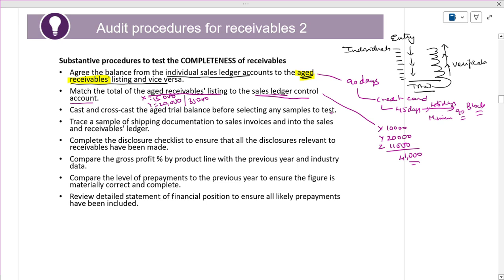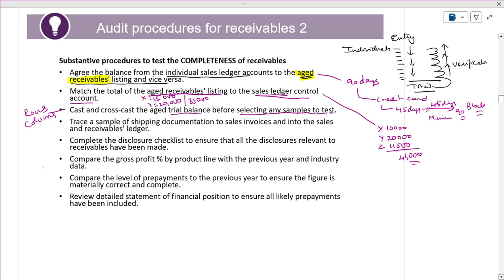Individual balances: cast and cross-cast the trial balance before selecting any samples to test. First get 100%, make sure that everything is complete. Cast and recast. You do the totals as per the rows and the totals as per the columns.